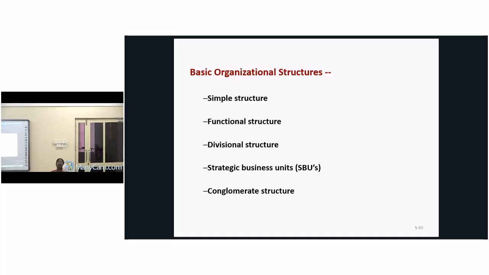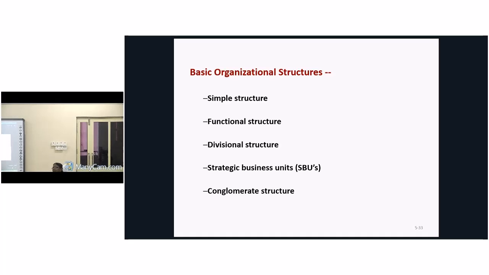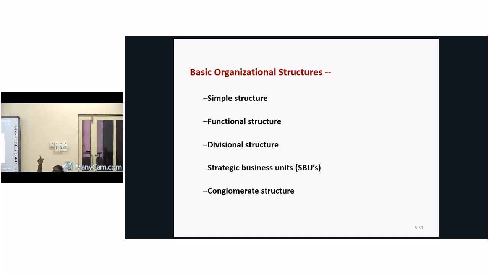A simple structure shows at the top the CEO, then second level managers, third level managers, like this. Then in the functional structure, at the top you have the CEO, then functional managers, functional directors: marketing manager, production manager, human resource manager, likewise functional separations.